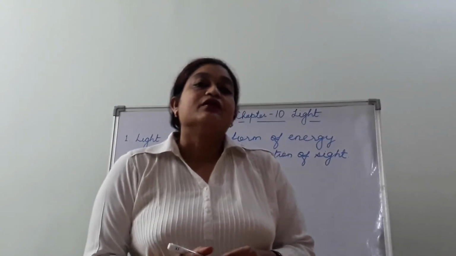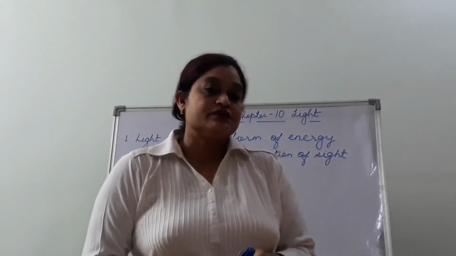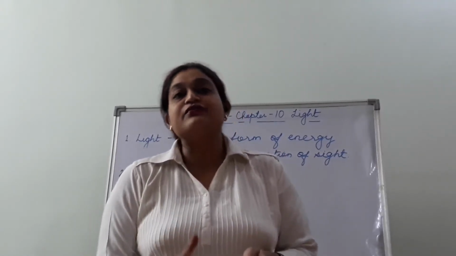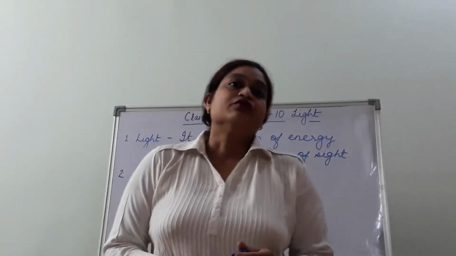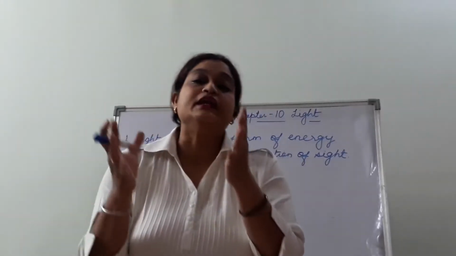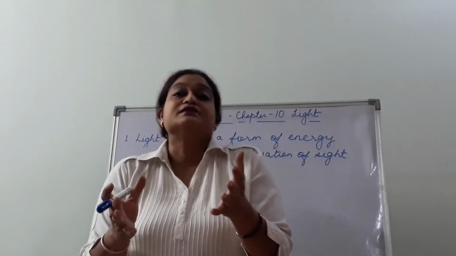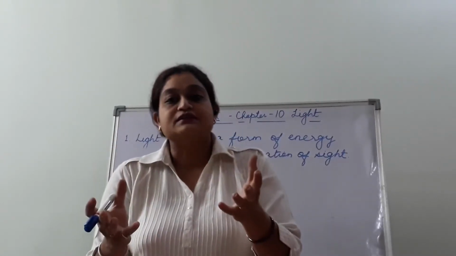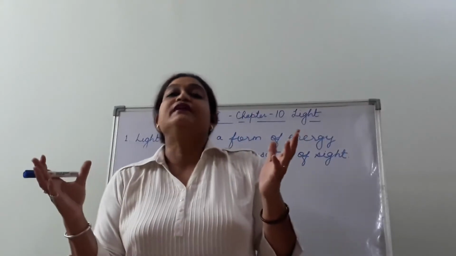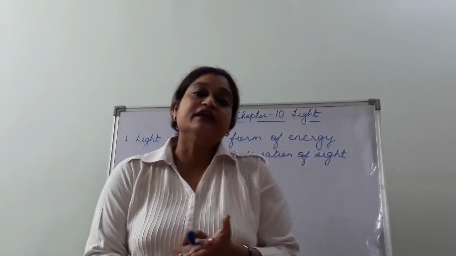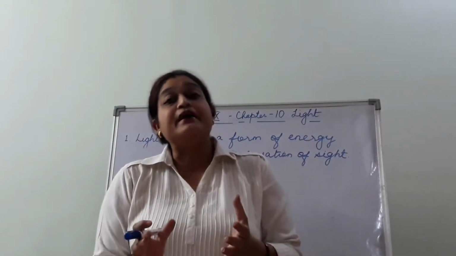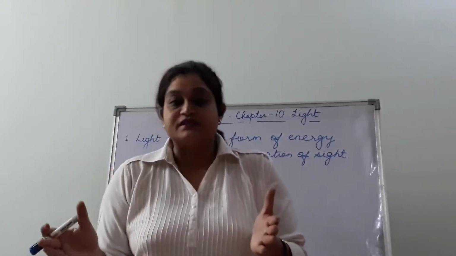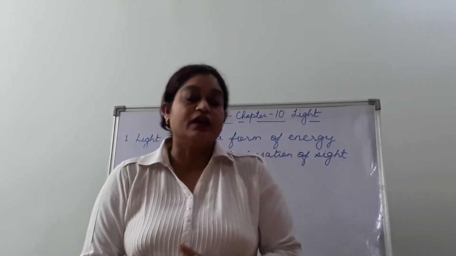We all know that sunlight or white light consists of 7 colors. Whenever light falls on any object, it reflects. All objects reflect light. The intensity of the reflected light depends upon the substance on which the light is falling.